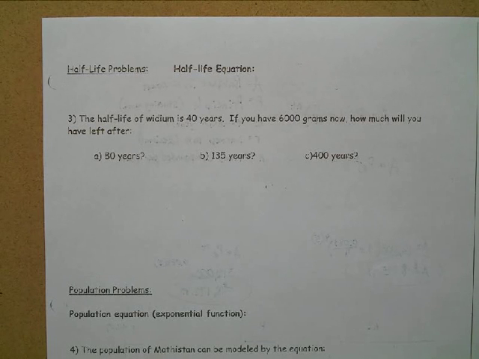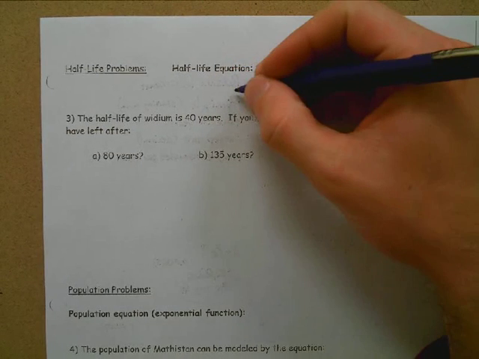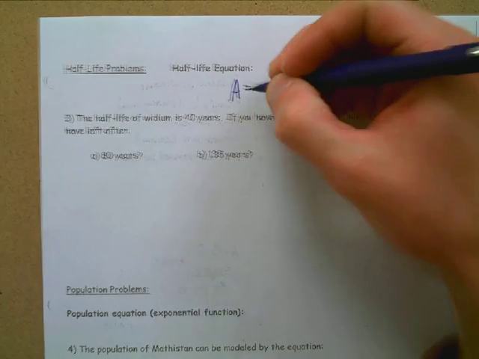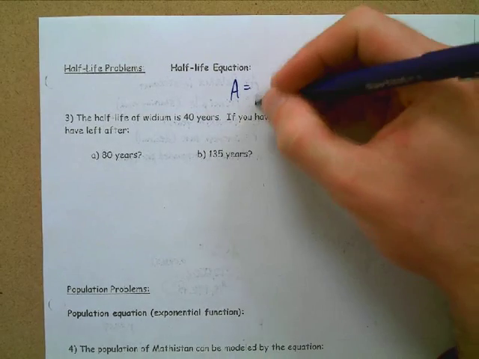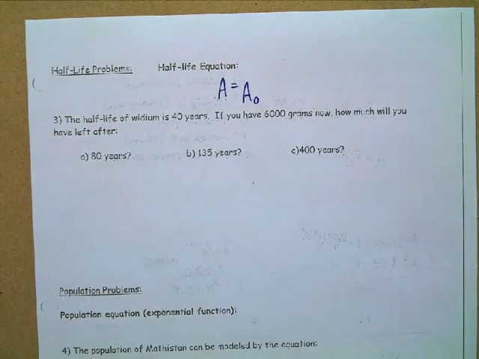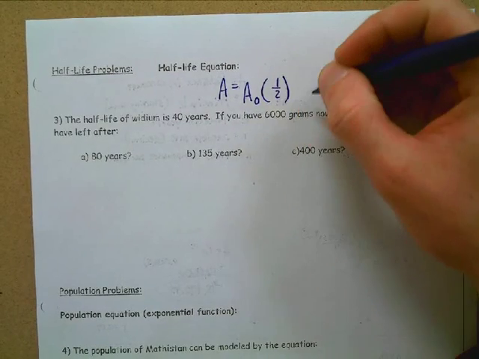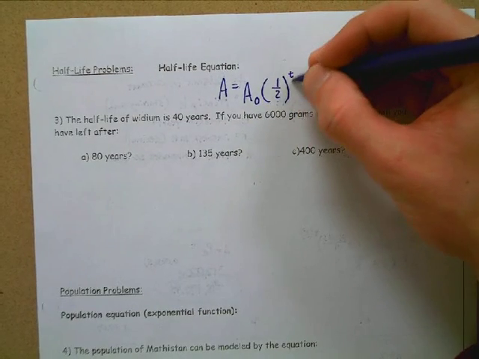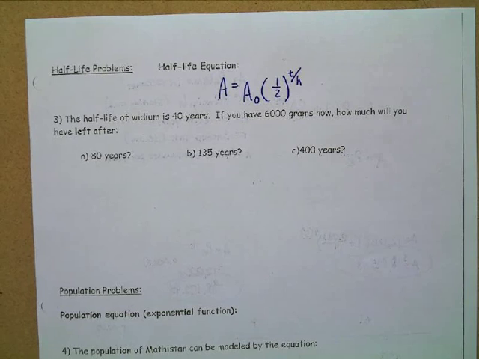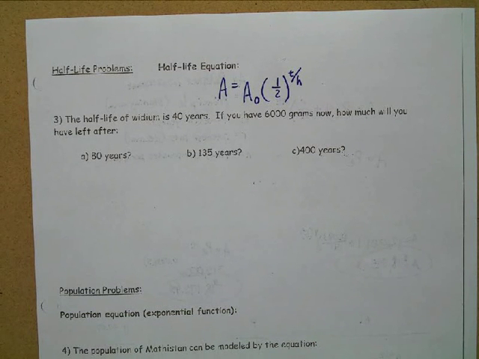That's called the half-life. And so the formula we use to do calculations with half-life, and you'll see variations of this depending on your class, but they're all going to be the same kind of format. This is one of the formulations of the half-life equation. You have A, which is your current or final amount.